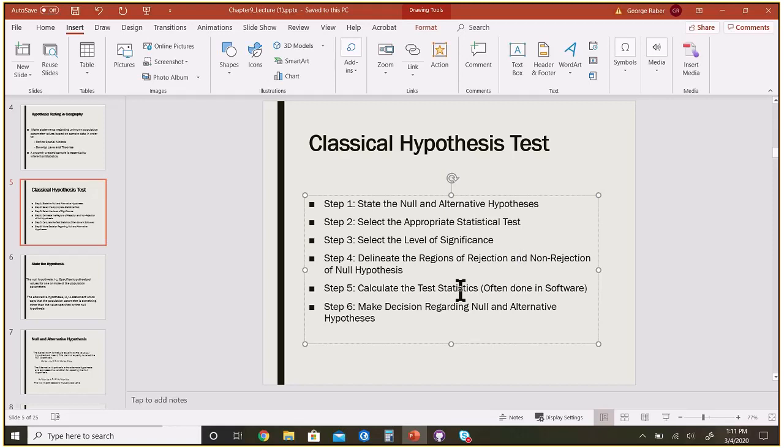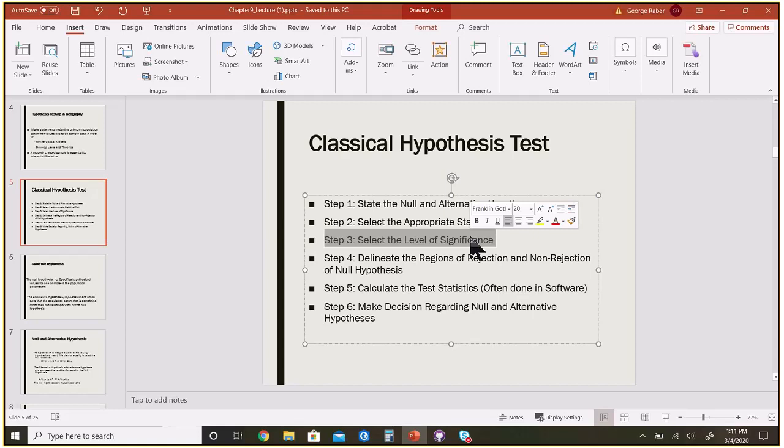Okay. You just have to realize that as you do that, your confidence interval, which will have an effect on whether or not you accept or reject that hypothesis, gets bigger as your level of significance increases.